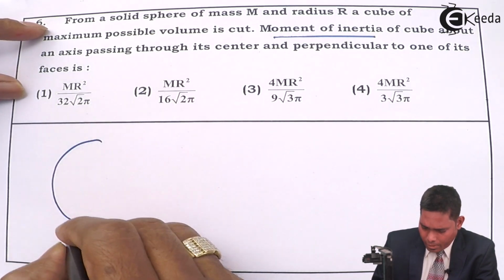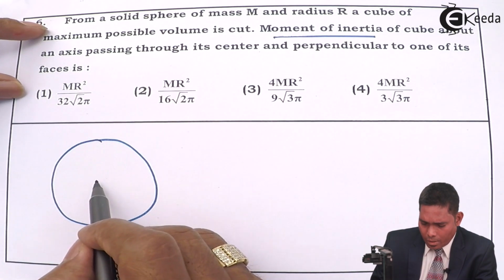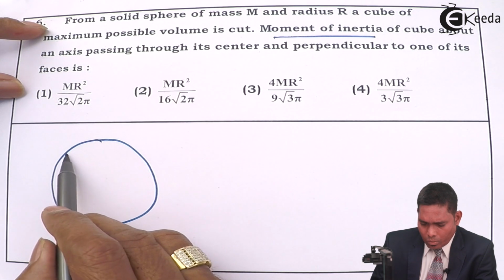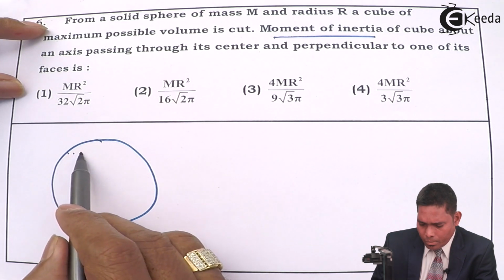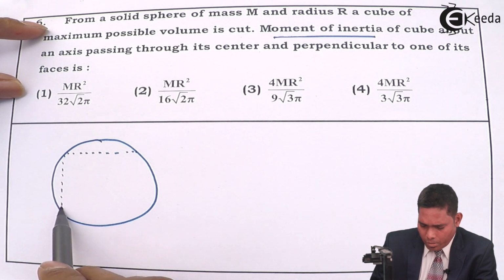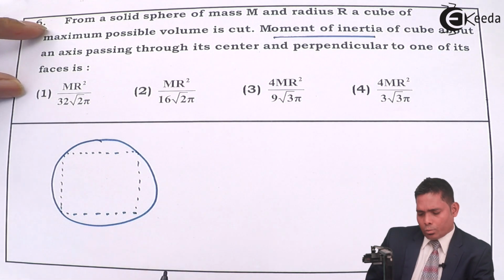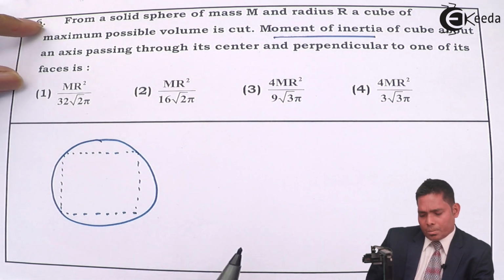Suppose that I have a solid sphere, and I cut the maximum possible volume, a cube. So I'll cut a cube like this, from this sphere.